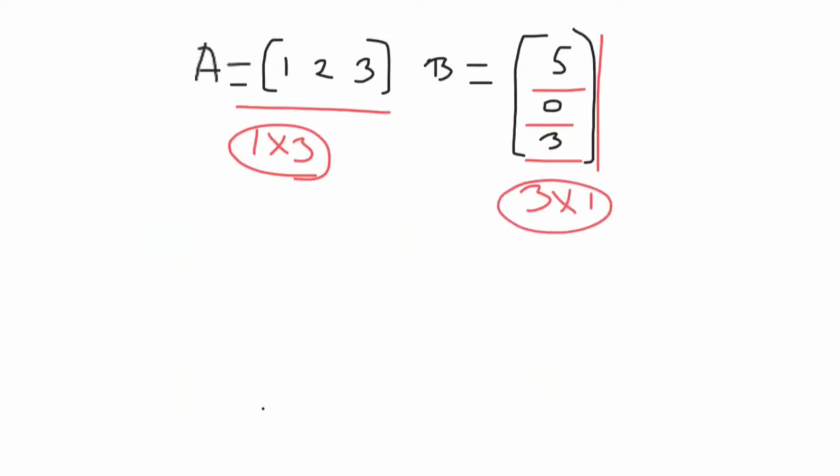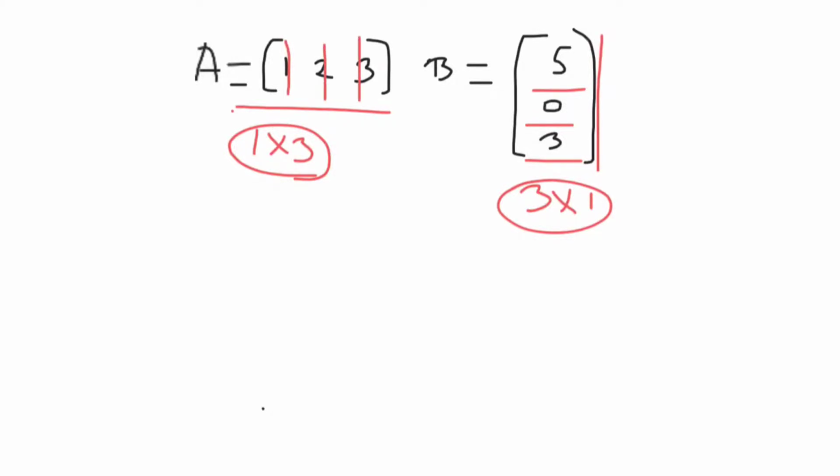So can you multiply these two matrices? Here, matrix multiplication of these two matrices is possible because for matrix multiplication to be possible, the number of columns in the first matrix should be equal to the number of rows in the second matrix. Here, you can see this is first column, this is second column, and this is third column.